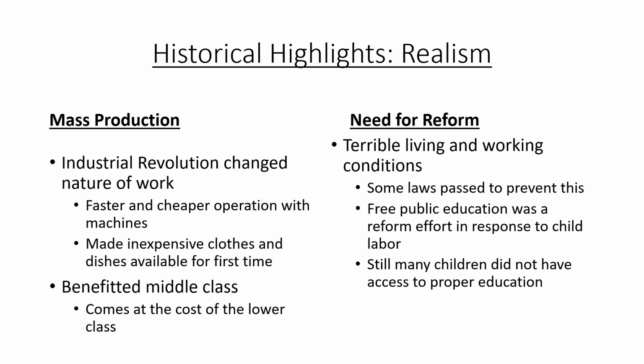And this is where we come to the heart of the problem with the Industrial Revolution and what realism is going to seek to address. And that is the terrible and horrible living conditions that these lower class workers were made to live under. You guys, they would work for 12 hours a day, non-stop, very little in terms of food and water and proper provision.